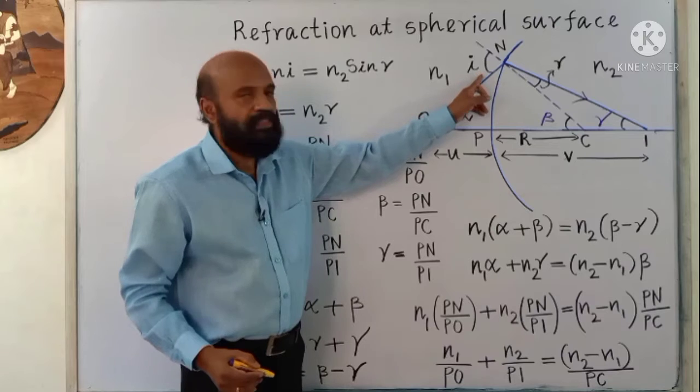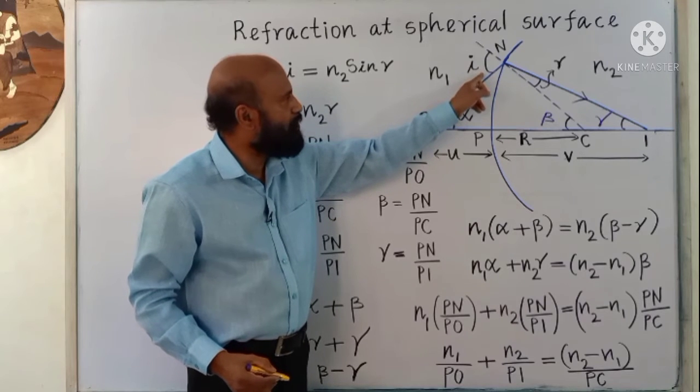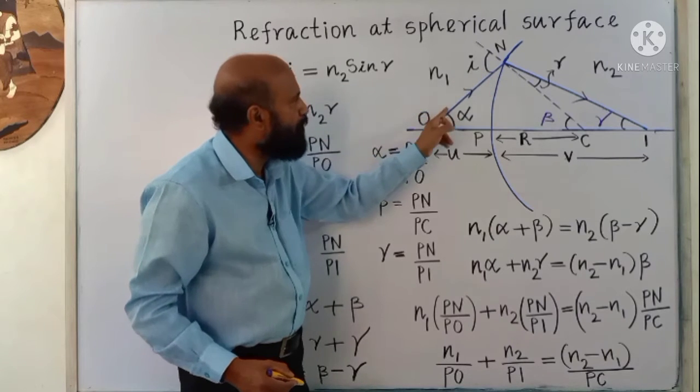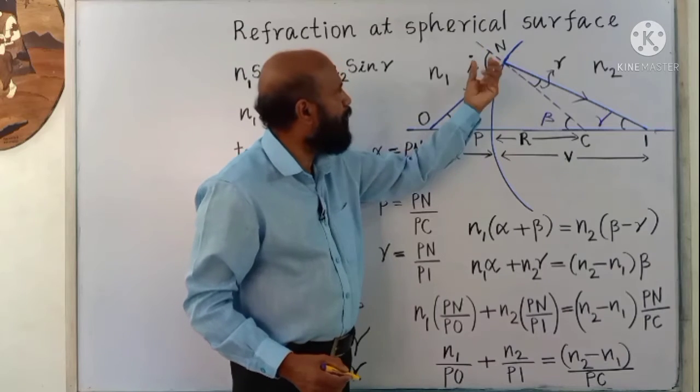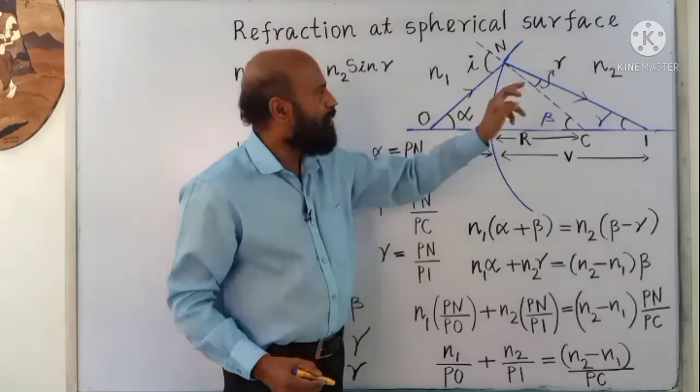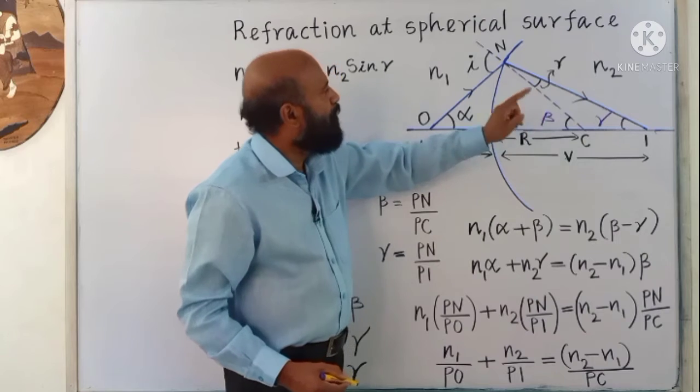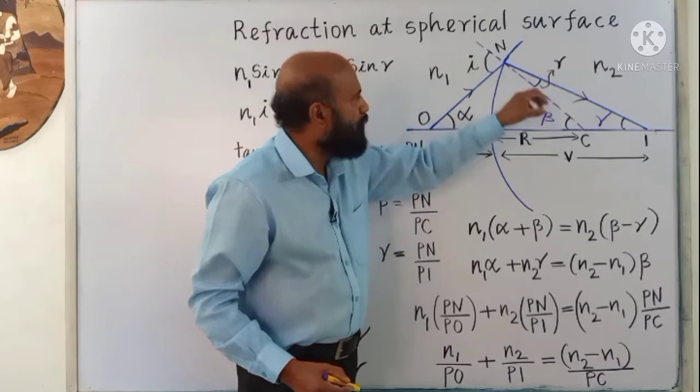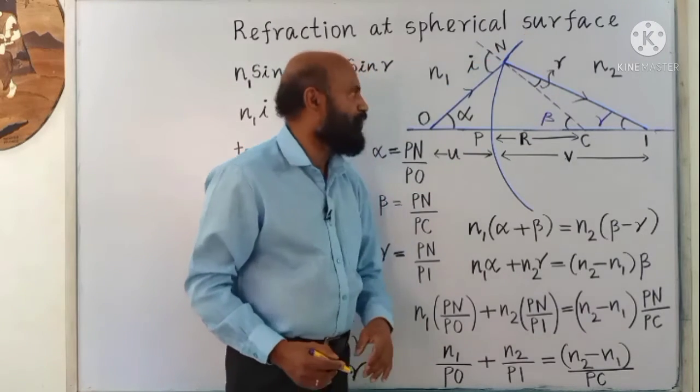Then this is the angle of incidence, the angle between the incident ray and normal. The angle between the refracted ray and normal is the angle of refraction.